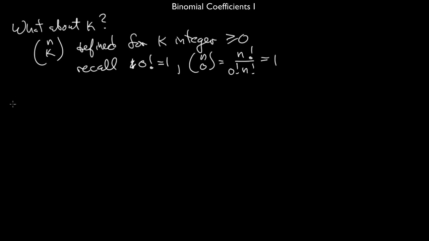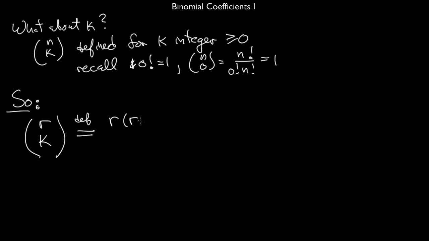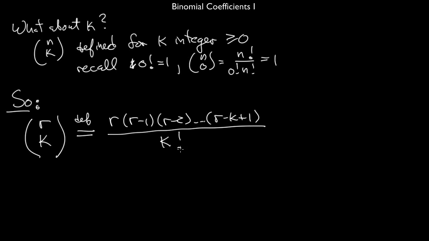Now, what happens when we generalize? So here's the definition. If R is a real number, you define R choose k by this formula. It's R falling with k terms, that's sometimes the way you say this. It's R times R minus 1 down to R minus k plus 1, where there are k terms there, divided by k factorial.